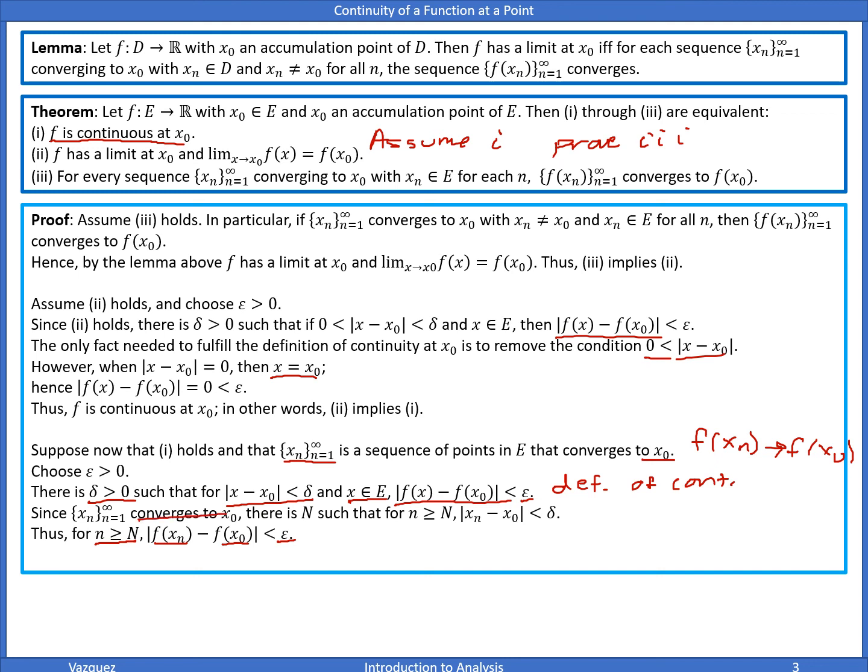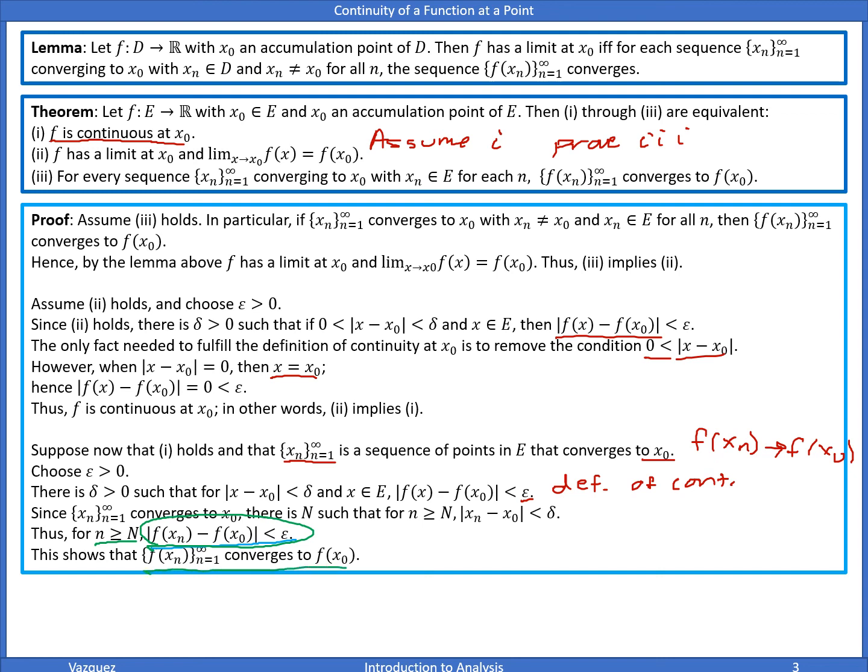Because this sequence converges to x naught, there's an n greater than big N, such that this difference is less than epsilon, by definition of convergence. That just means that f of xn converges to f of x naught, because their difference is less than epsilon after n is greater than or equal to big N.